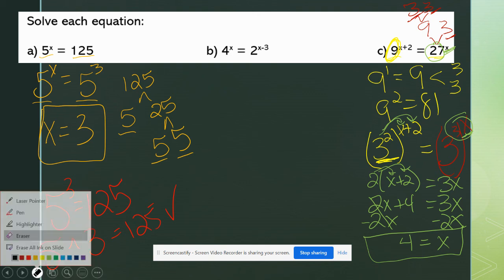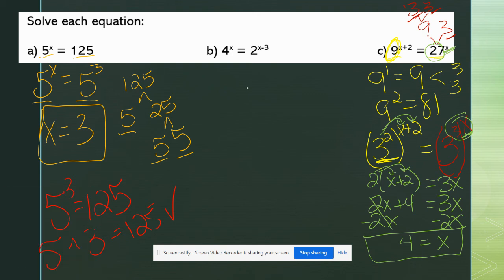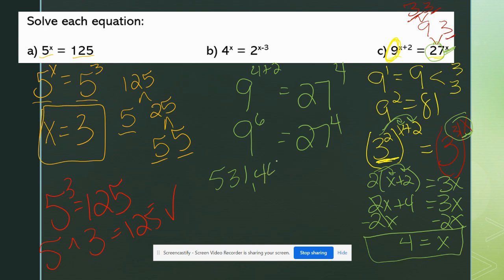So you would say that 9 to the 4 plus 2 is the same as 27 to the 4th. 4 plus 2 is 6. So they don't look the same right now. But if you go into your calculator and do 9 to the 6th power, you get a super big number. It's 531,441.